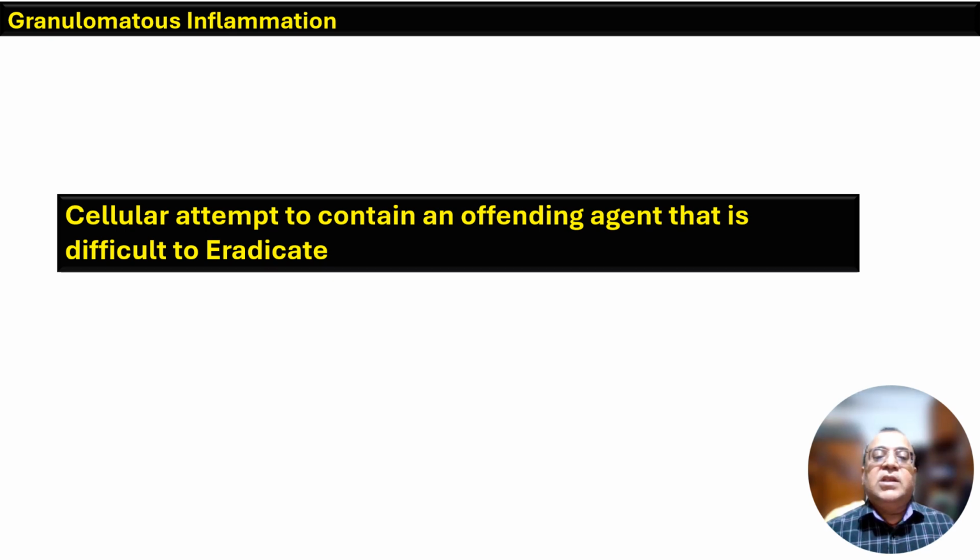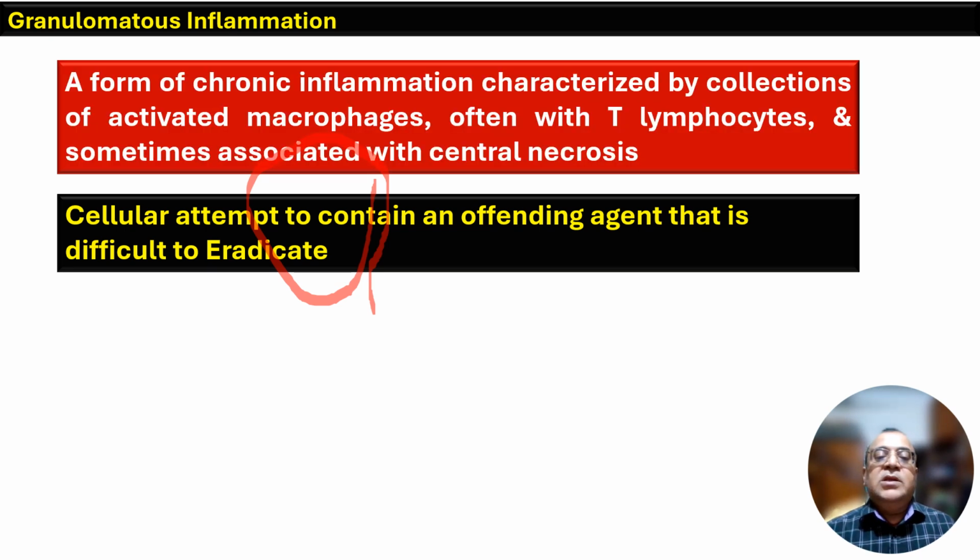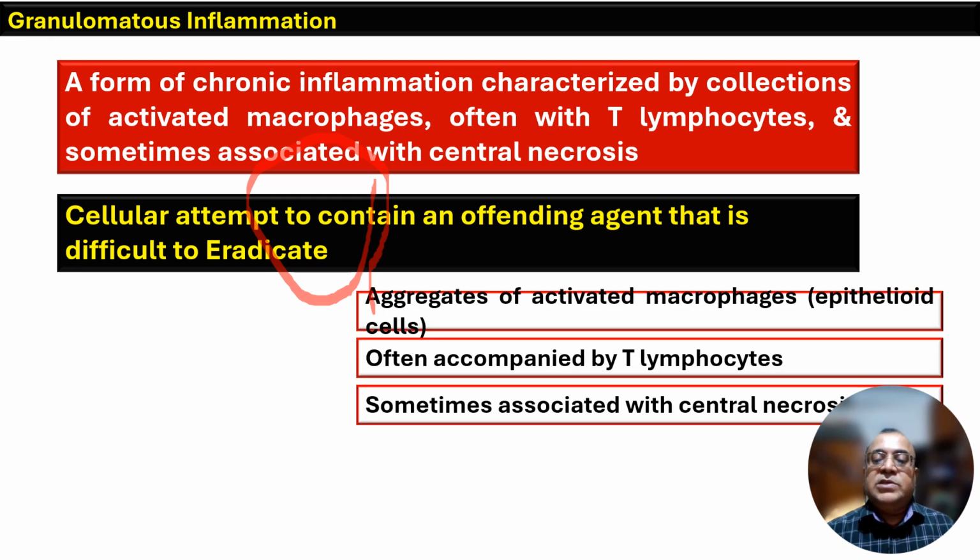So, granulomatous inflammation is a special type of inflammation in which there is a cellular attempt to contain an offending agent that is difficult to eradicate. It can be defined as a form of chronic inflammation characterized by a collection of activated macrophages, often with T lymphocytes and sometimes associated with central necrosis.